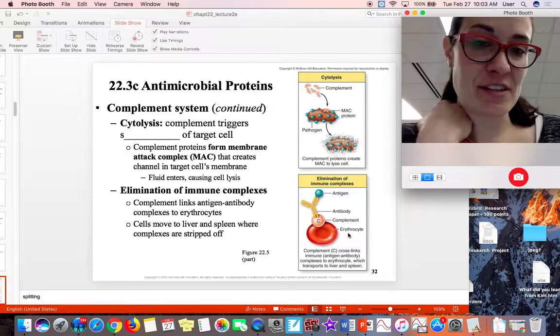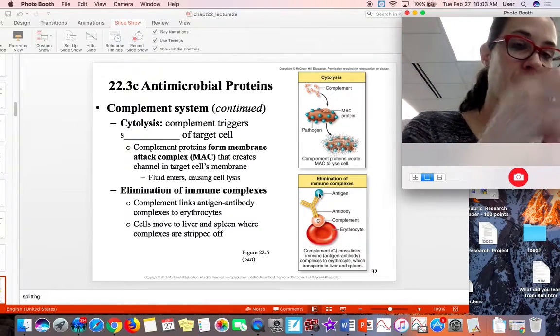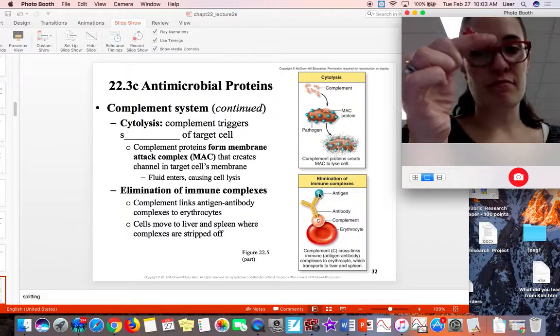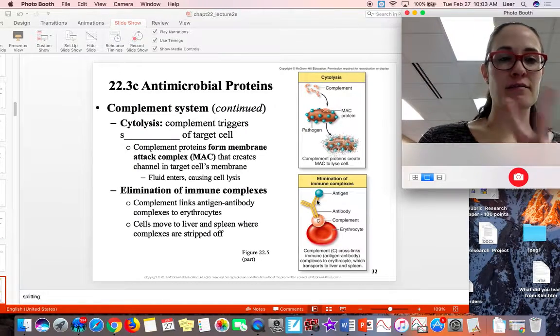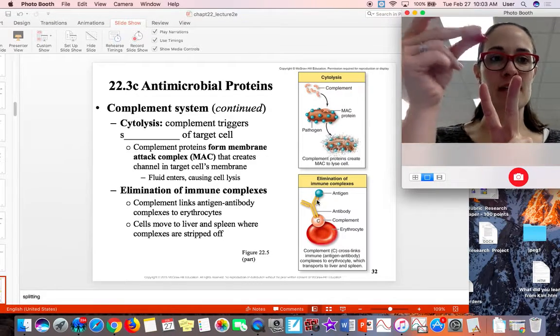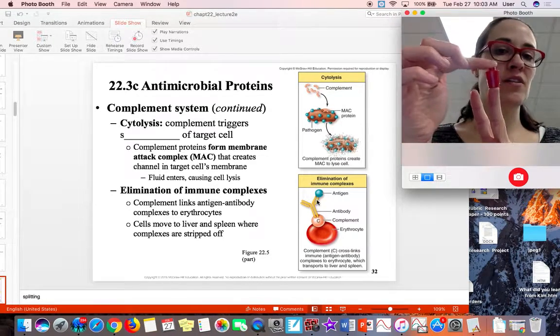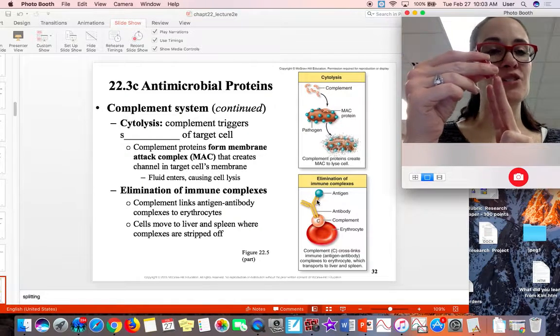Another thing complement can do is, here is our antigen, so that's our pen cap, and there's our antibody. When they're combined, so here's our antibody, antigen, this is from your body, this is not. When they're combined, it's called an antibody-antigen complex.